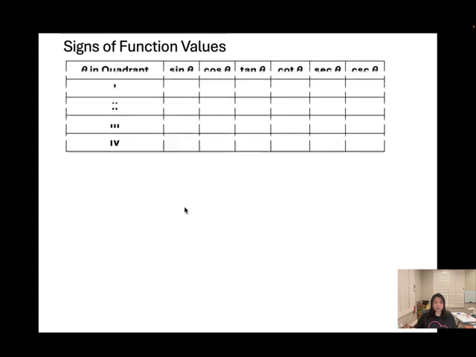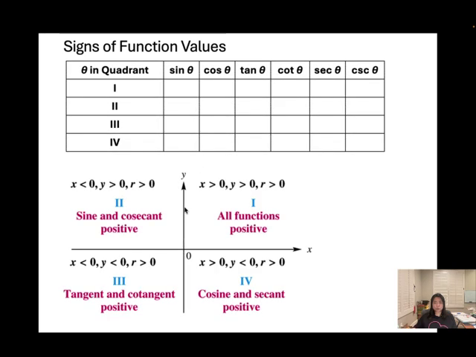Signs of function values. We talked about this part in session 1.3 already. Let's talk about it one more time. We do have the quadrants. Quadrants go counterclockwise: quadrant 1, quadrant 2, quadrant 3, and quadrant 4. In quadrant 1, x and y are positive and positive, so greater than 0.